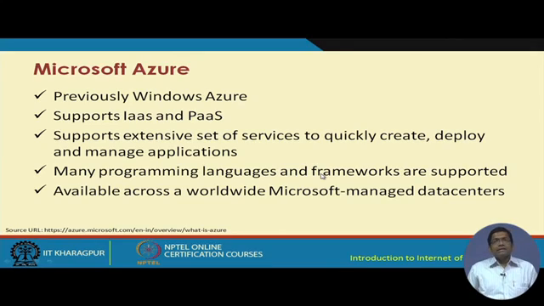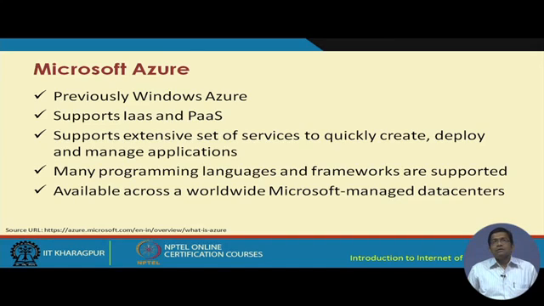Microsoft Azure is available on a payment basis. It is not free. Earlier it used to be known as Windows Azure. It supports infrastructure as a service and also platform as a service. Infrastructure as a service was also offered by OpenStack, but not platform as a service.